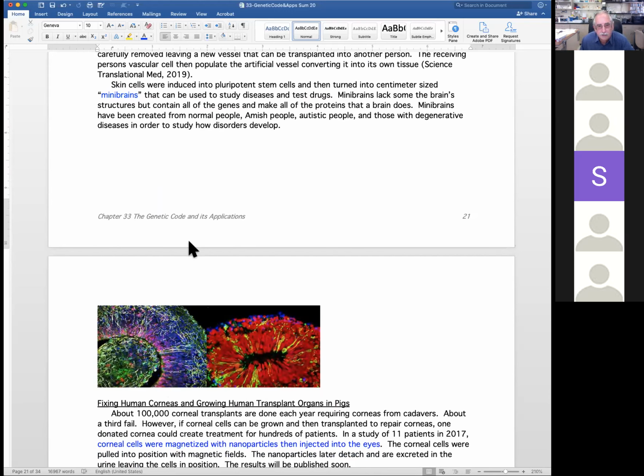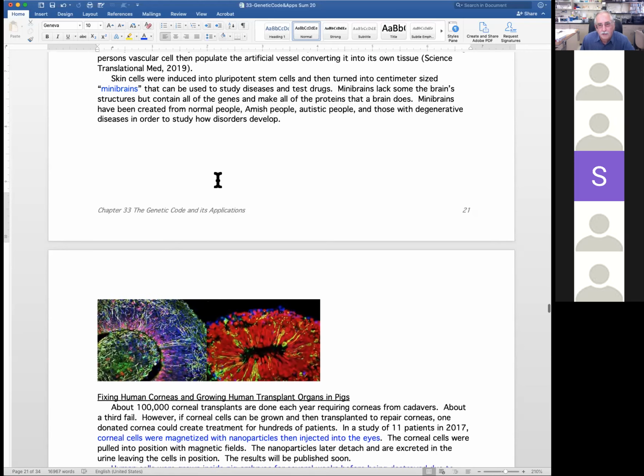Because now they can study these brain cells to see how they respond to different environmental factors, how they respond to drugs. They're not active brains, obviously, but they're brain cells in a brain environment, and they can actually be used to study all kinds of different things.